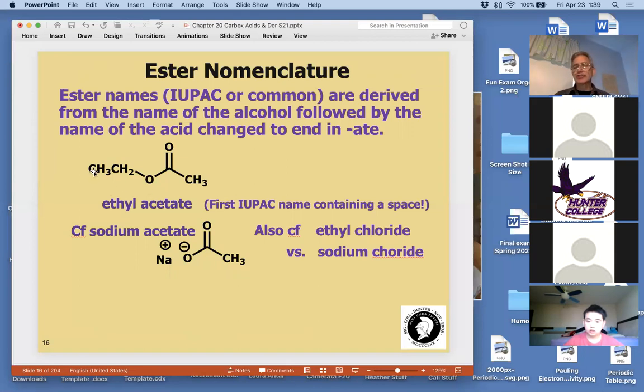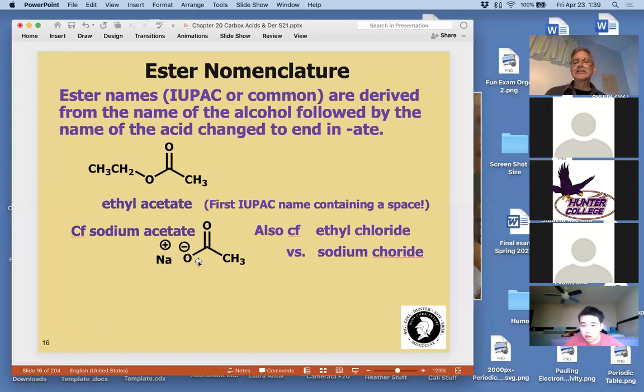So esters have names resembling salts, because when they first identified them, they didn't know the difference between ionic and covalent compounds. So ethyl is the radical name here, the substituent name, ethyl, and then acetate, like sodium acetate.